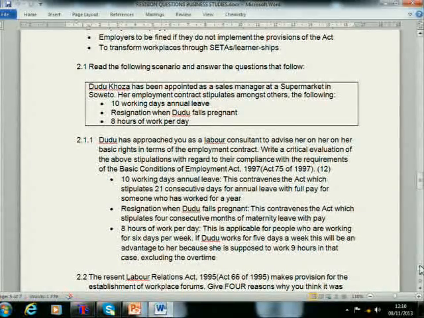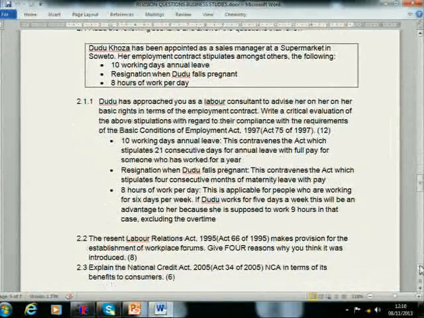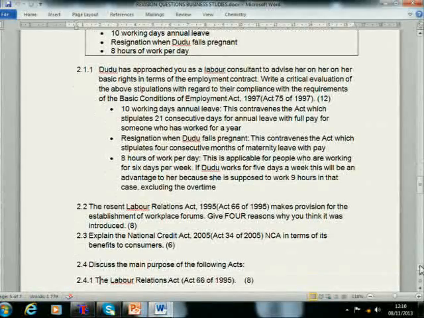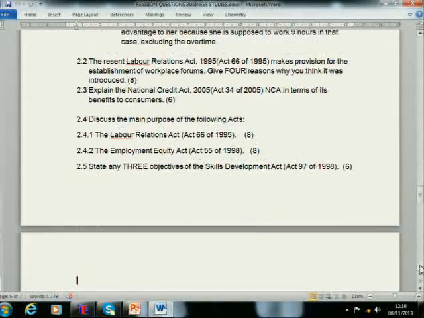In the case of Dudu, she will be very fortunate, because instead of working for 9 hours, she would be working only 8 hours. Unless the overtime is included, which she needs to make sure that she agrees to. It's not imposed by the employer.